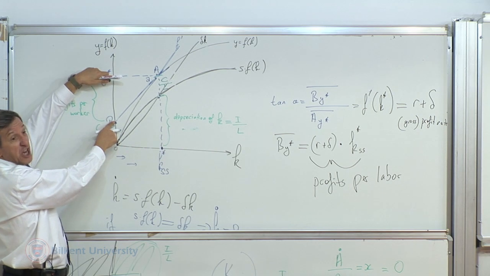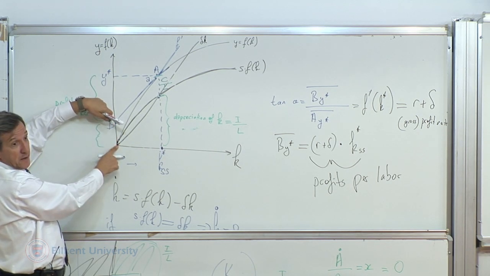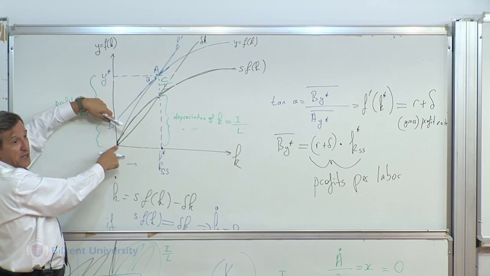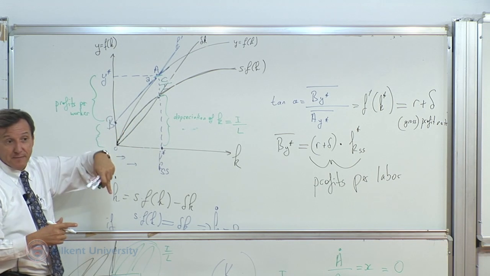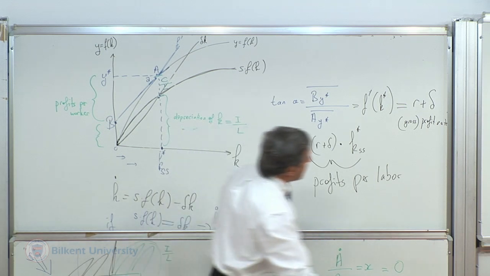This is share of capital, profits per labor. So what's the remaining part? Wage costs, right? Per labor, or the wage rate. How can you write it?